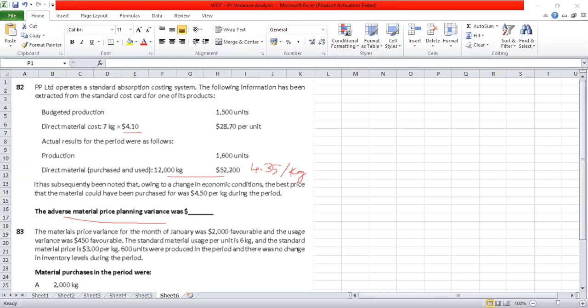The standard was taken at 4.10, and the value should have been 4.50. So we need to find the variance between what was planned and what should actually have been planned. Okay, so take that.